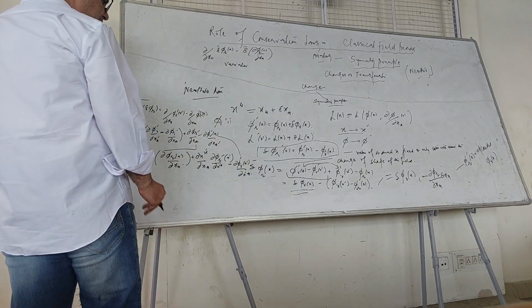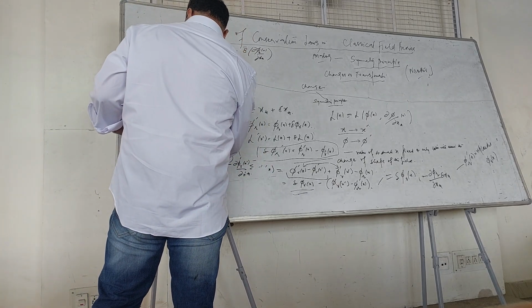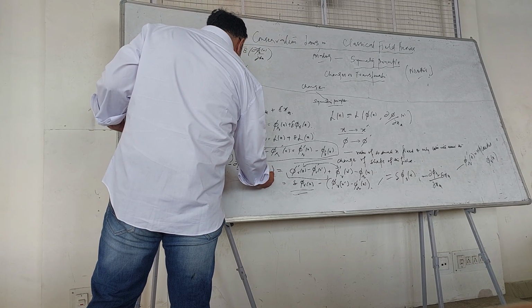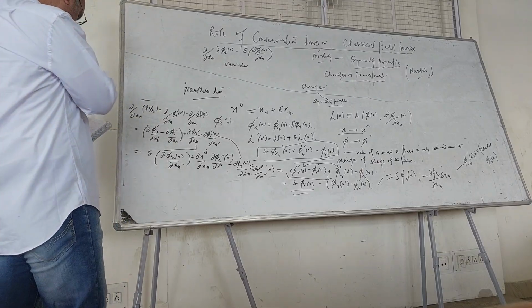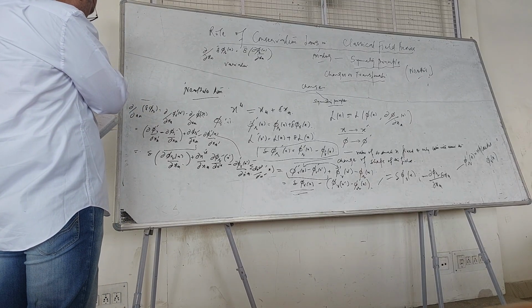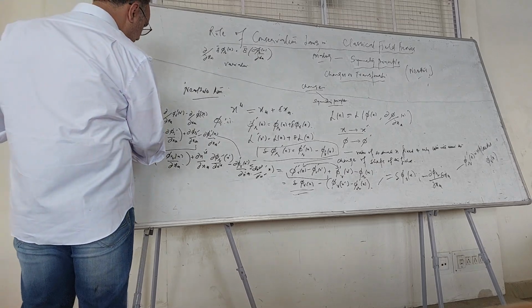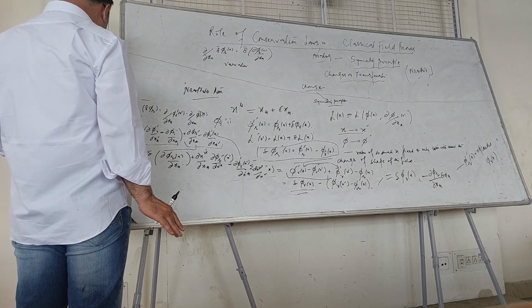Okay. So again, if we multiply it here, again multiply it by dx mu by dx mu. So you see here, we have got these two terms and these two terms.